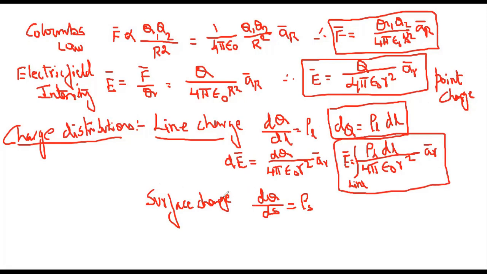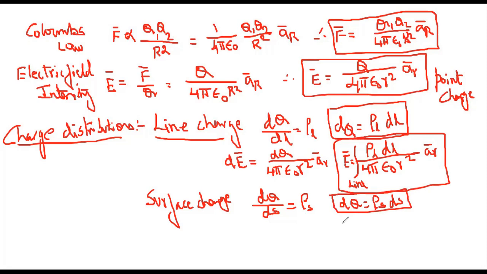Surface is meter into meter, meter square, that is the area A. Volume means meter into meter into meter, meter cube, coulomb per meter cube. So directly we can substitute dq is equal to rho s into ds, the change of charge in a differential surface.